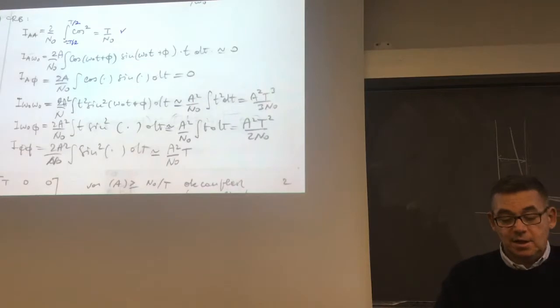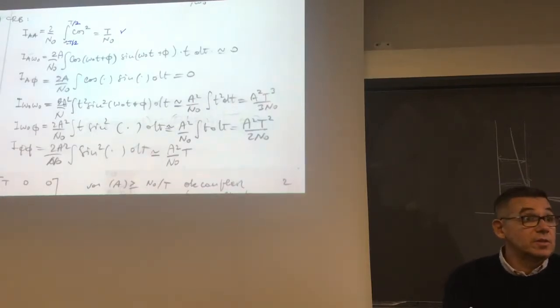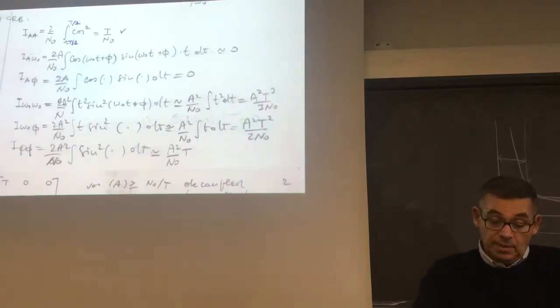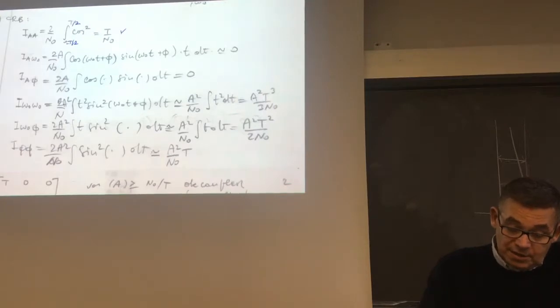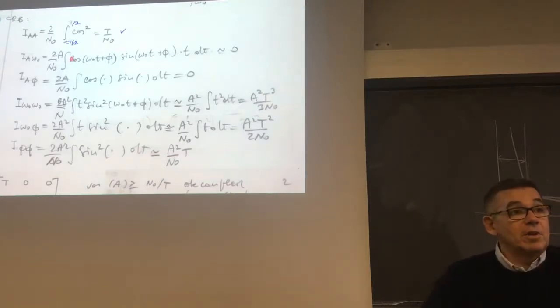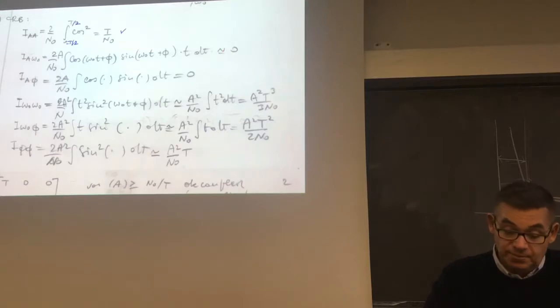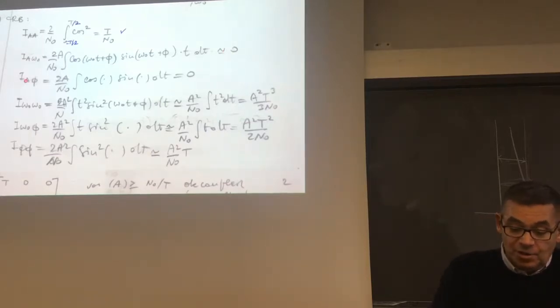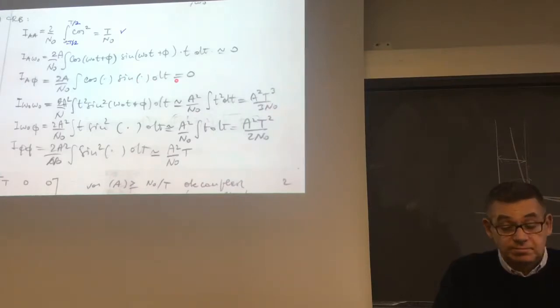The result is the same. The integral is the same. Now let's consider the second case. I have this integral, but it doesn't matter what the extreme is. It's always 0 for the reason we said yesterday. If I take amplitude and phase, for the same reason, the integral is 0.